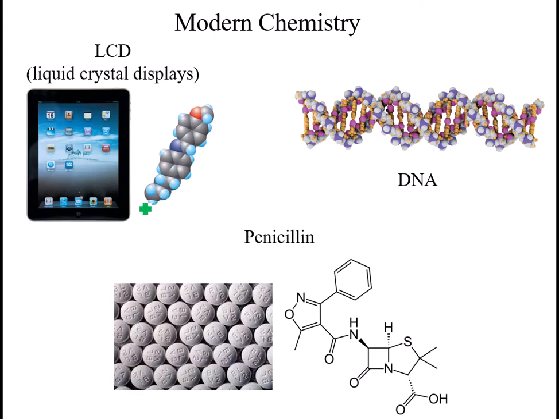It's a fairly complex molecule, and by changing the different parts of this molecule, I get different colors in the display. Of course, DNA, discovered by Watson and Crick. These are all molecules that are lining the DNA. Penicillin, which is the oldest of these examples here. Penicillin is the structure down here, and this is a picture of penicillin. And so this is the pharmaceutical name there.